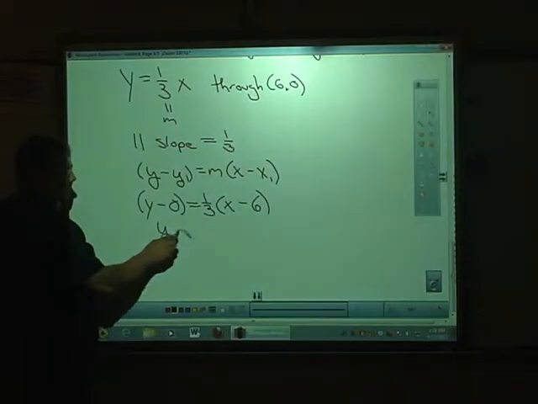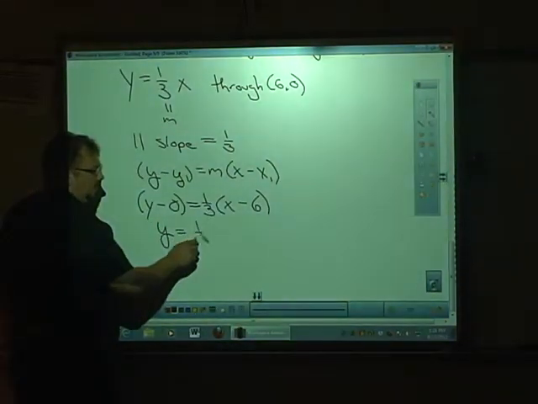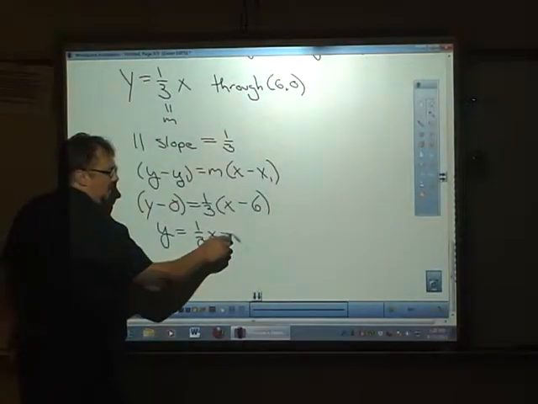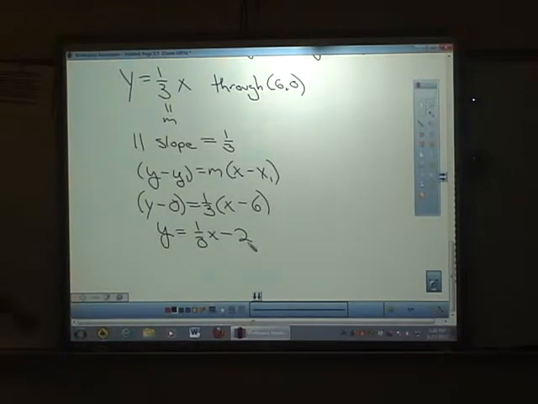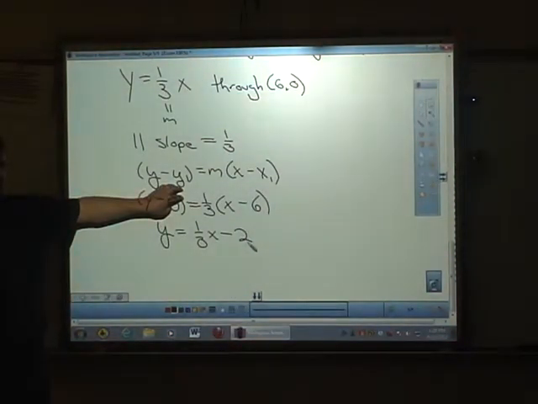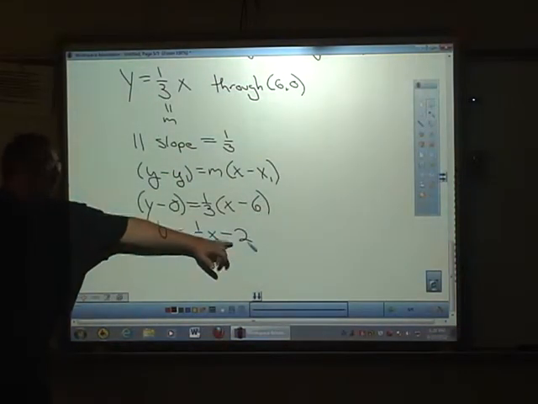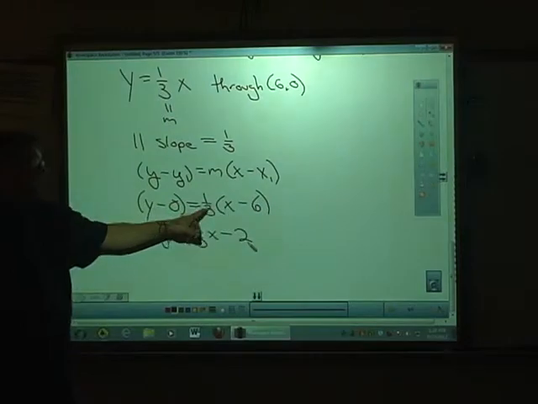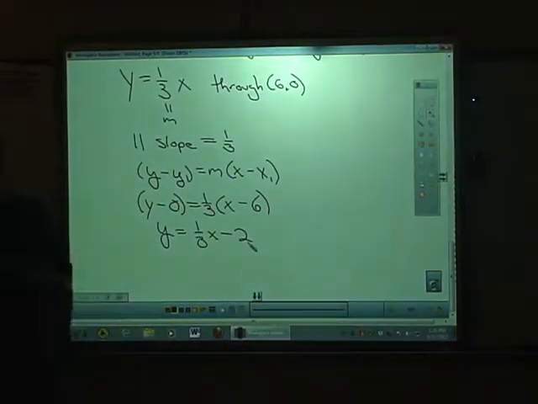I get y equals, because y minus 0 is just y, 1/3 times x minus 2. If it wants you to leave it in point slope form, you could leave it like this. If it says to leave it in y-intercept form, write it like this. This is a negative 2 because it's 6 times 1/3, that's 6 over 3, which is 2.